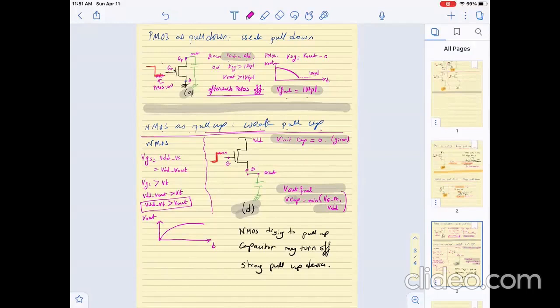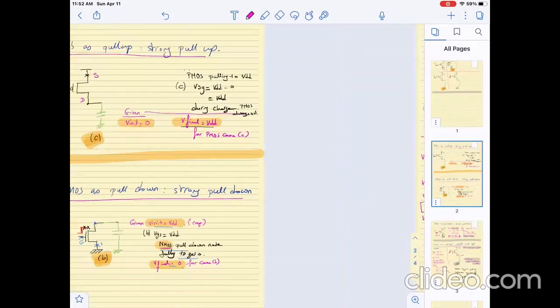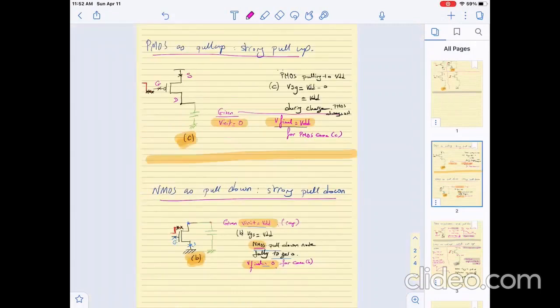Okay, so here we are using the individual devices for pull up or pull down, given that nobody is creating a contention with them. And when we study those cases, we will study them independently. If we are studying the different types of inverters, we will be studying the PMOS and the NMOS in the regular places where the PMOS is being used as a pull-up or the NMOS being used as a pull-down.